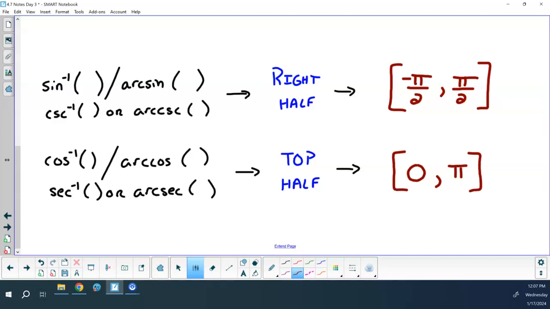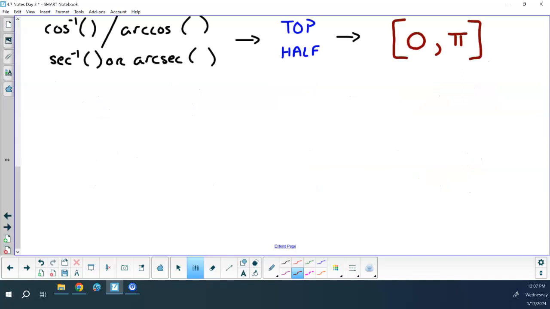And then lastly, we went to inverse tangent, or arctangent.